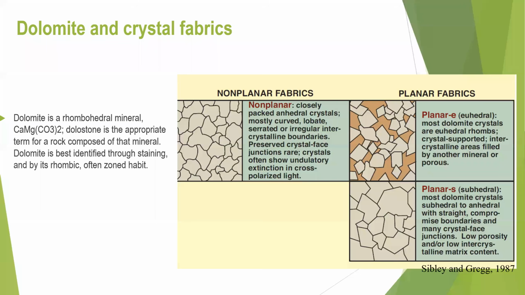You can see the packing of the dolomite crystals, and the shape of those is subhedral. Sometimes you can see the shape with straight lines, but sometimes you can see structural features the same as non-planar. This type of dolomite is very important for us because it shows porosity for us.